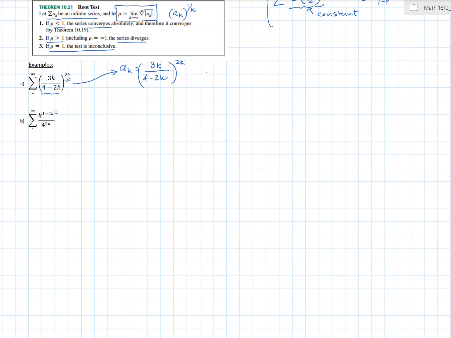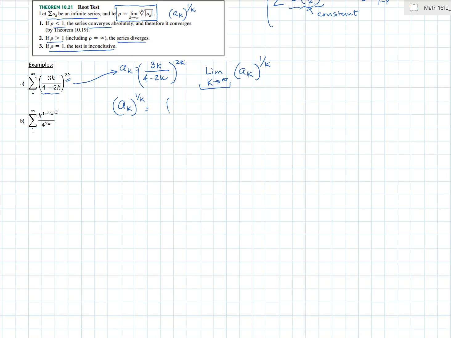Now we have to find the limit as k goes to infinity of ak raised to the power 1 over k. As before, we hold off on the limit for later, and just do ak raised to the power 1 over k.